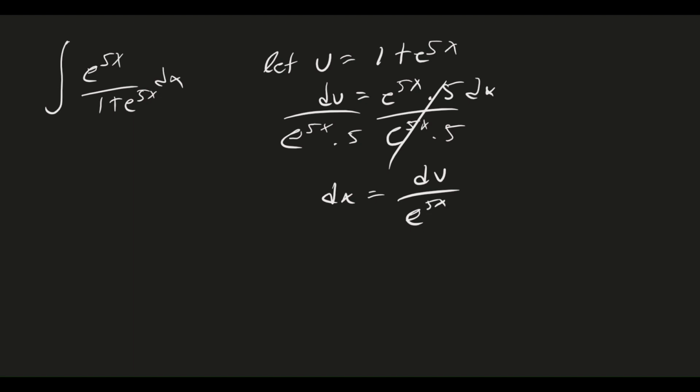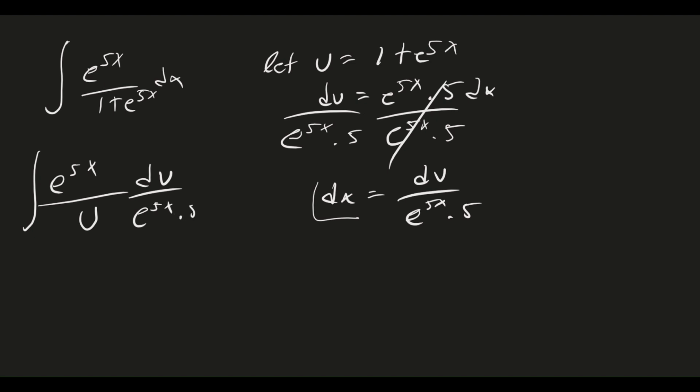We can now substitute. By substituting, we're going to be left with e raised to the power of 5x. The denominator is going to be set equal to u. Then the dx here, we can say du over e raised to the power of 5x times 5. So these two can cancel.